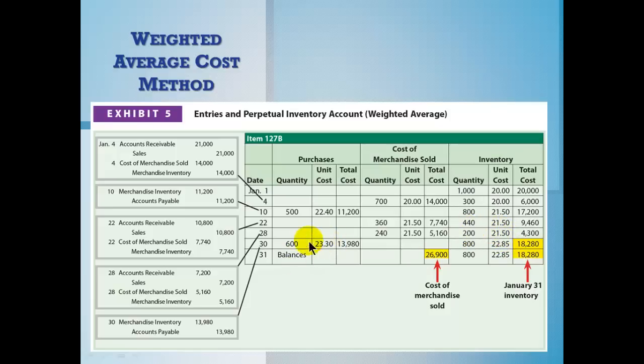You have 23.30 at 600 items. Blend those together with an average, and you get to $22.85. And then what you do is use that to value your ending inventory, which is 18,280. You end up with a cost of merchandise sold of 26,900, which is basically, if you add the three numbers here, this sale, and this sale, that'll give you your 26,900.